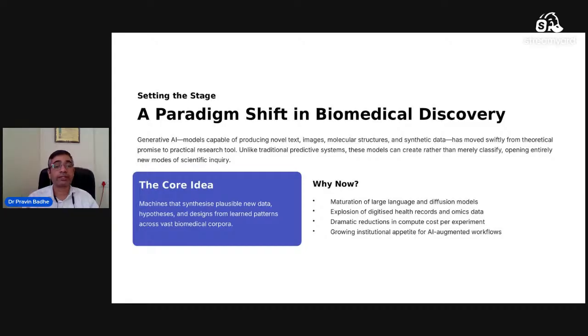So this is happening due to an increase in these large language models, then an increase in the digitalized health record. Again, in developing countries like India, digital health record is difficult, but still there are different ways where the digital records are being stored and utilized. One example is the insurance companies.